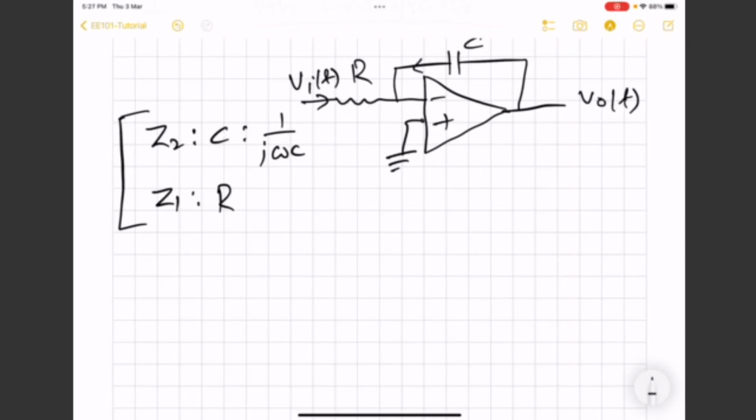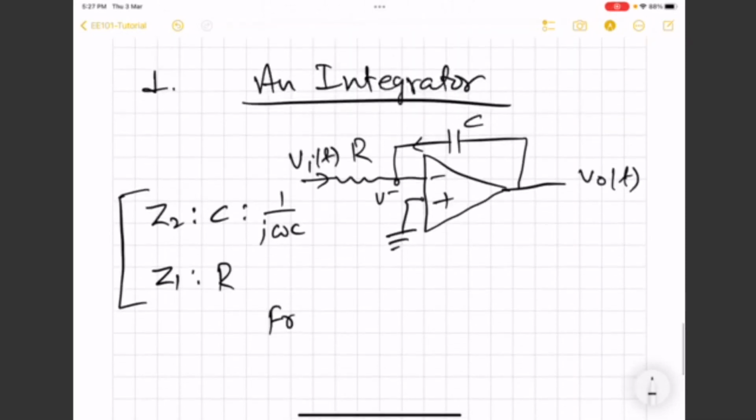Here we can apply KCL at this V minus node. We see that there is a negative feedback. That means the output is connected to the V minus node through C, and the time varying current can flow through the capacitor. Of course, if Vi is DC, then after a certain moment no current will flow through the capacitor, and then there will be effectively no feedback path also, right?